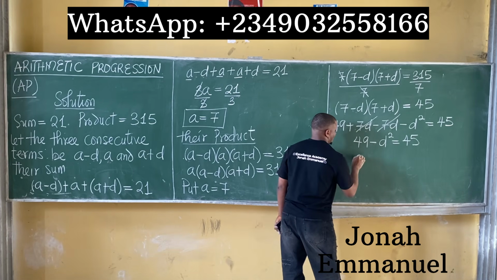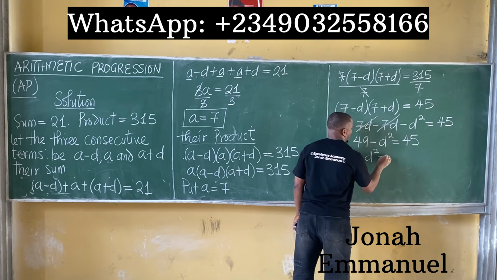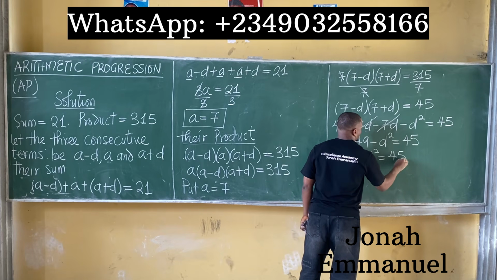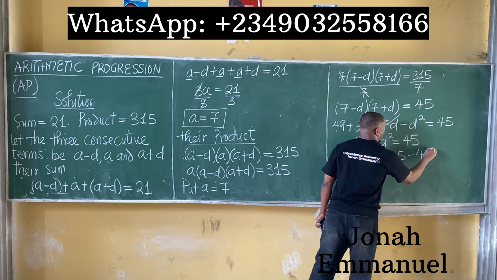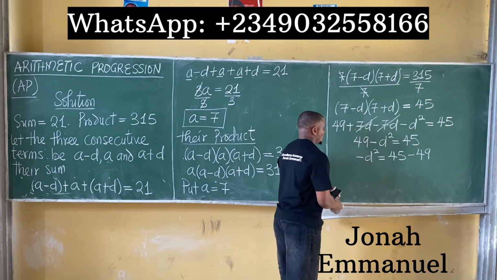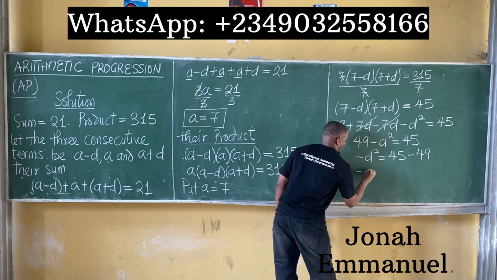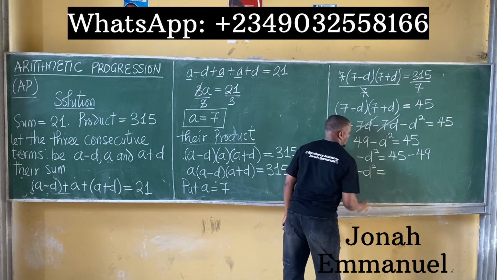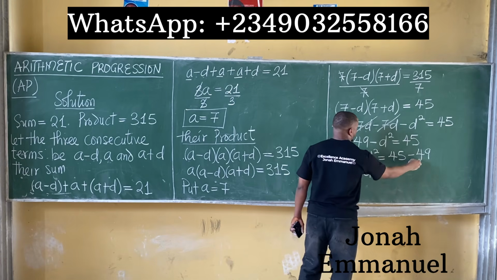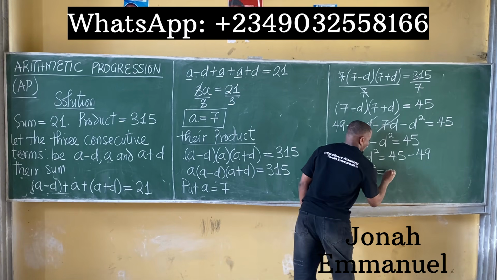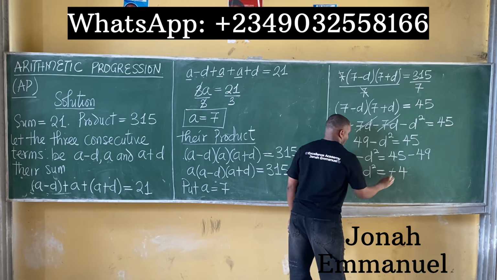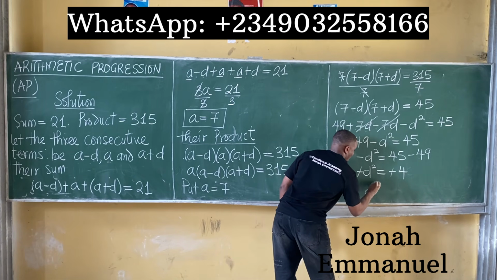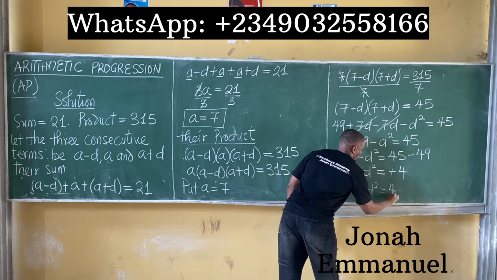I'm having this as minus d squared is equal to 45, and 49 comes over here, becomes minus 49. Next up we have minus d squared is equal to 45 minus 49 gives you minus 4. Of course, minus cancels minus. You have that d squared is equal to 4.